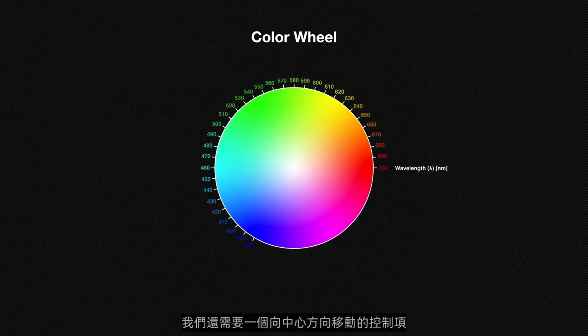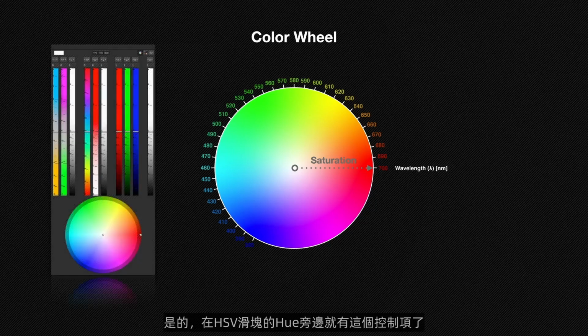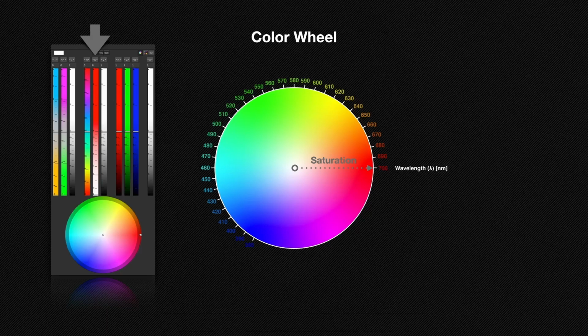So we need a control to move in the direction of the center, to mix our samples with the other opposite colors. This control is the saturation, and it's the second piece of information of the address of the color sample. And yes, you have this control next to the hue in the HSV sliders.